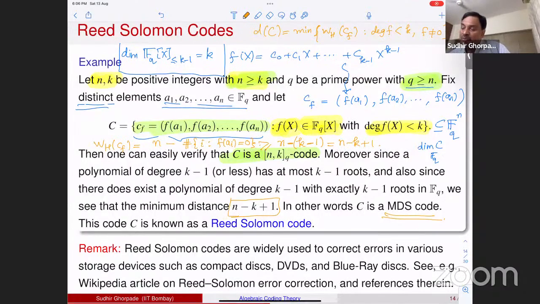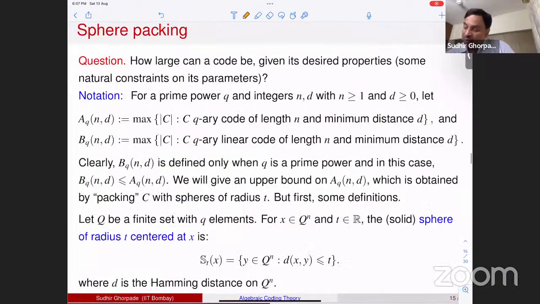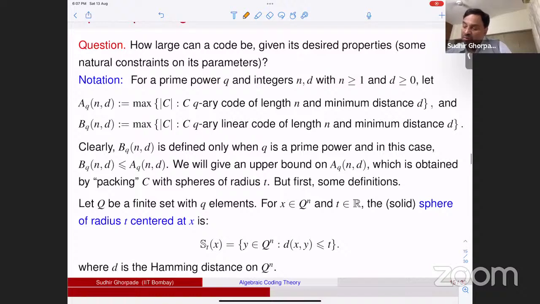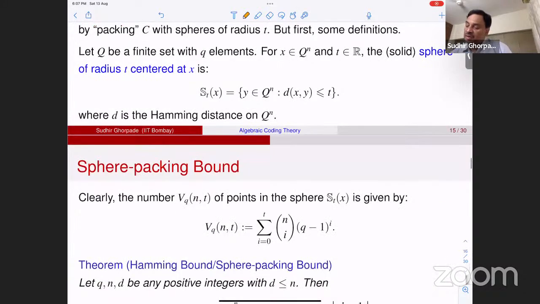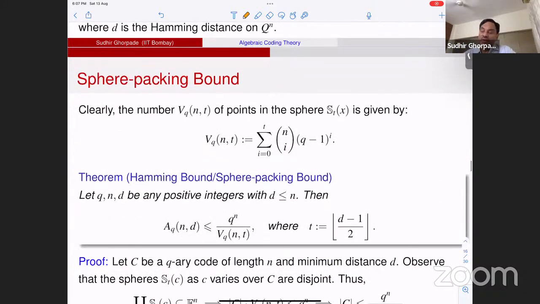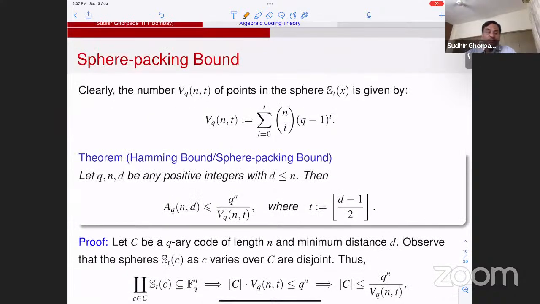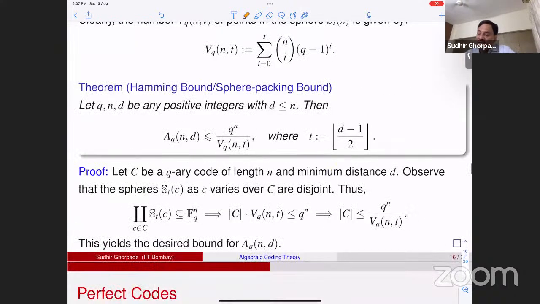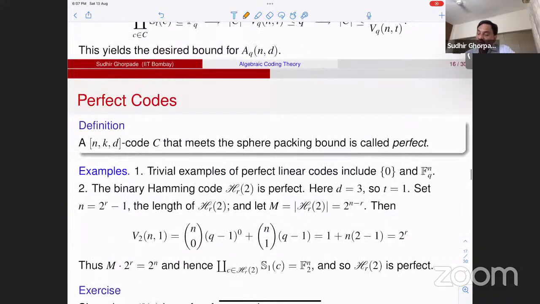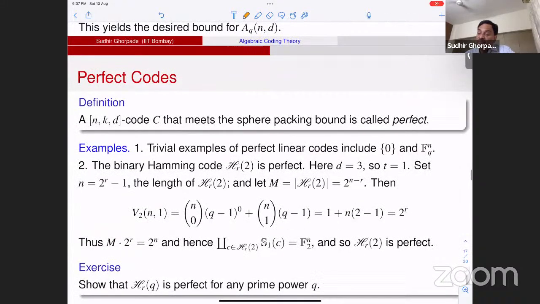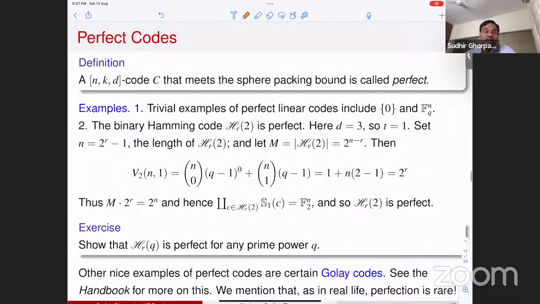I have this thing about sphere packing. If I have just 5 minutes, I may not have time to discuss that. This is related to various bounds which are important in coding theory. The simplest of them is called the sphere packing bound, and there are codes which meet that sphere packing bound.